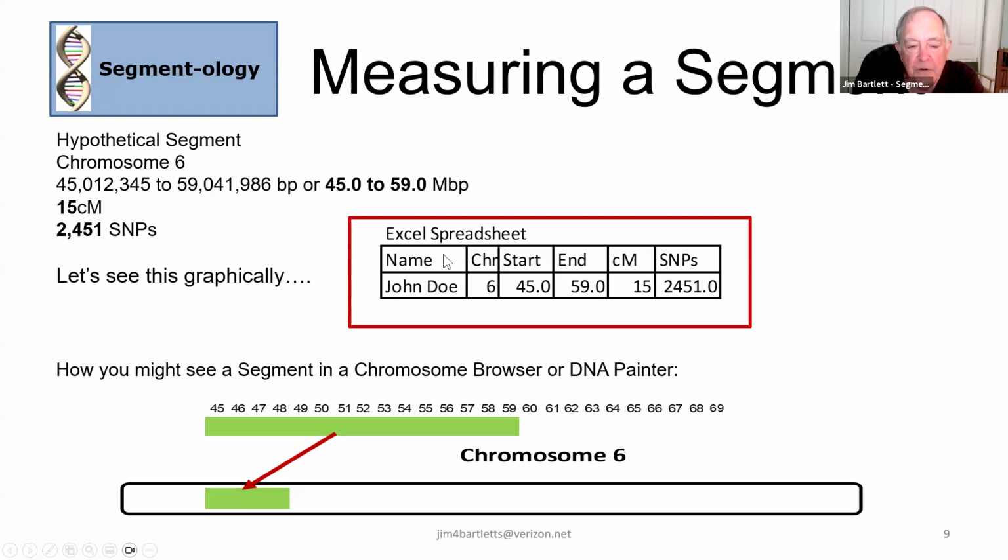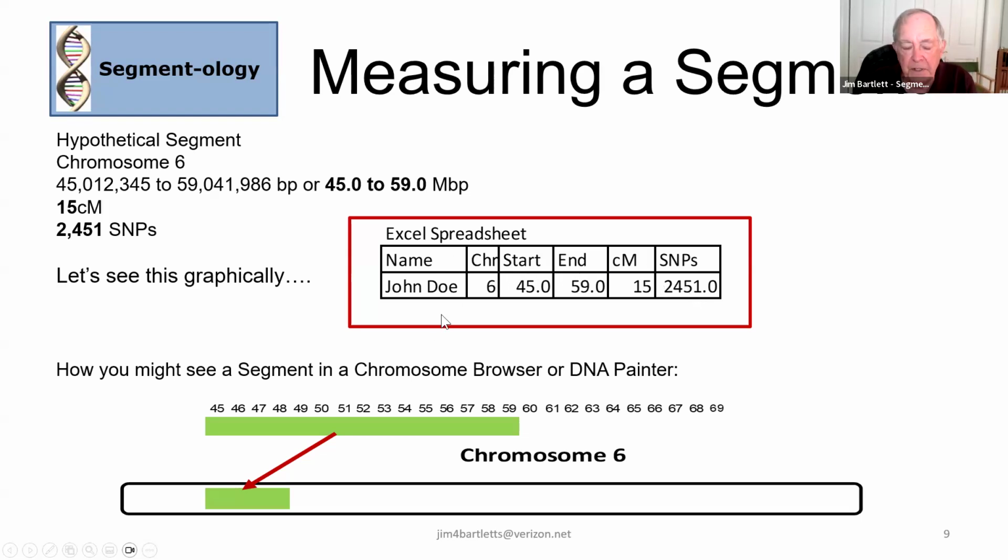Graphically, if you share this segment with John Doe, the companies will show segment data. They'll show you John Doe's name. It's on chromosome 6, starts at 45, ends at 59, 15 centimorgans, 2,451 SNPs.